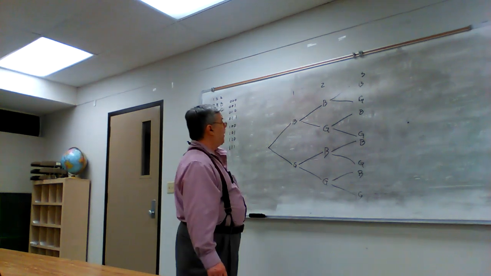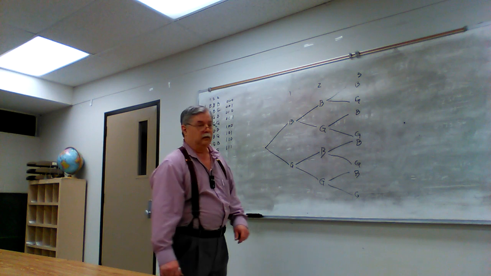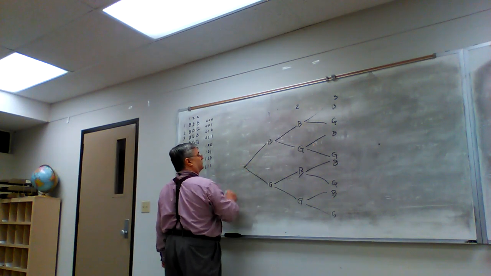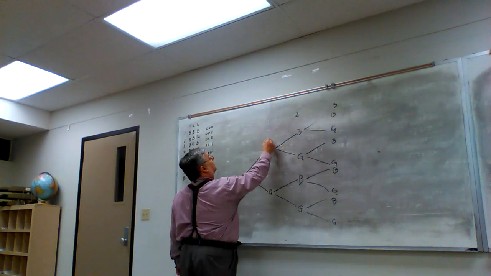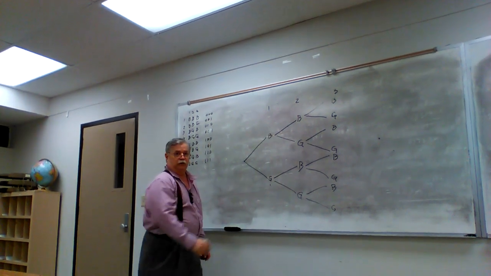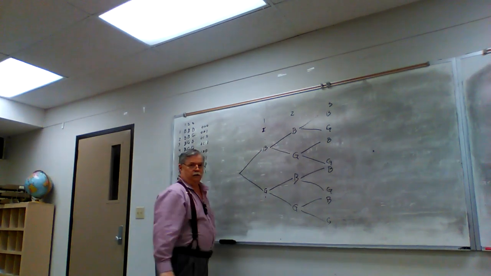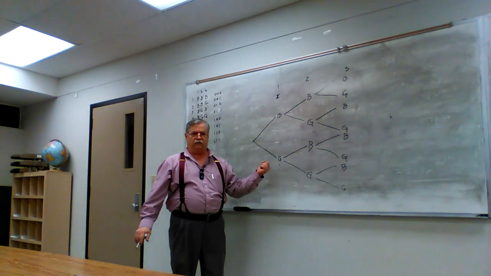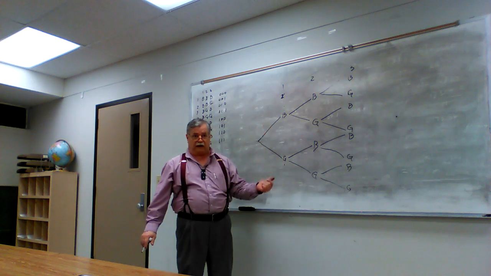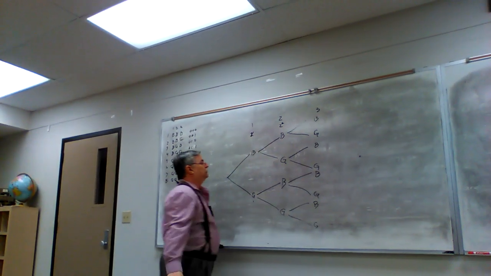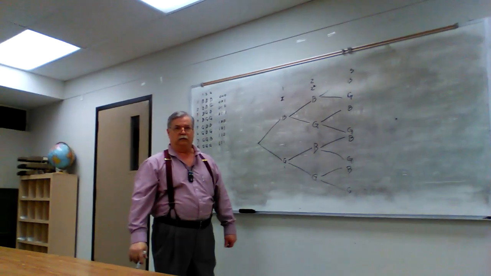Now, since they're all 2, at level 0 you have 2 possible outcomes, or 2 to the power of 1. But now if you multiply those 2 by 2 each, you get 2 squared, or 4.